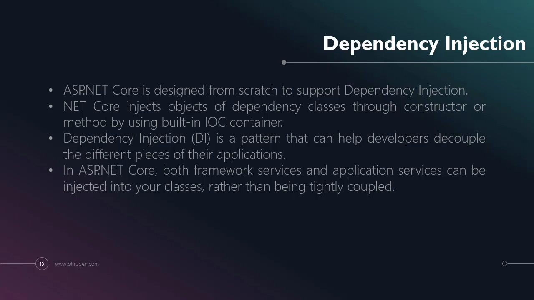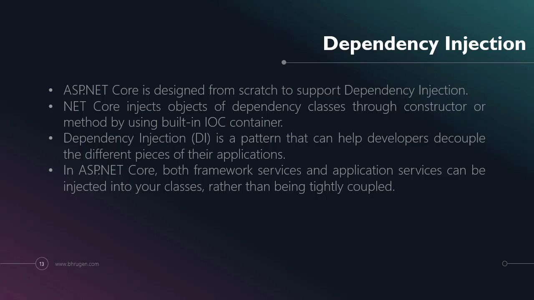It manages object creation and its lifetime and also injects dependencies into their class. The IOC container creates an object of the specified class and also injects all of the dependency objects through constructor, property, or method at runtime and disposes of it at the appropriate time. This is done so that we do not have to create and manage the objects manually.